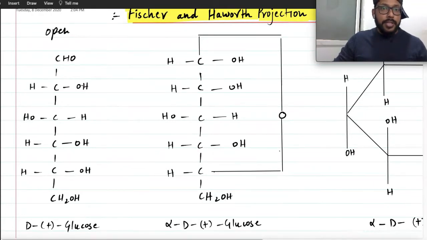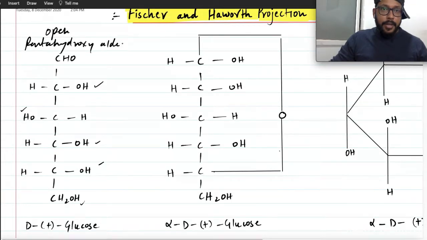Pentahydroxy means, as you can see, there are 5 OH groups, 1 2 3 4 5, and 1 CHO. So this is pentahydroxyaldehyde.